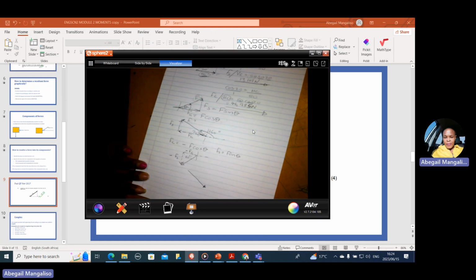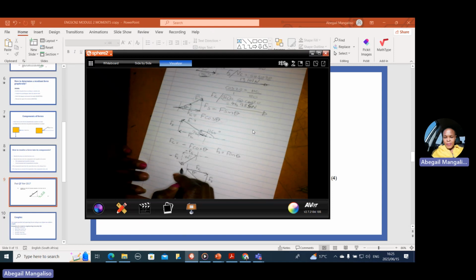This is F, and it makes this angle theta with the horizontal. You close your triangle like this. This is Fs, and this is Fc. This will be F, which is your hypotenuse.